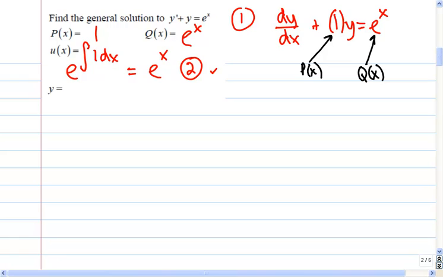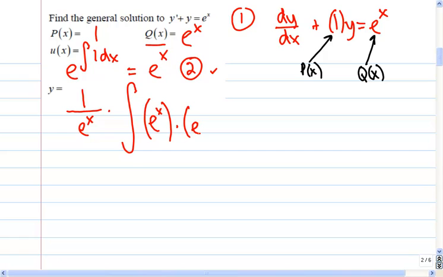Now we have to arrange this in the form that we had, which was 1 over the integrating factor, which is e to the x, times the integral of q of x, so it's going to be e to the x, times the integrating factor, which is again e to the x.